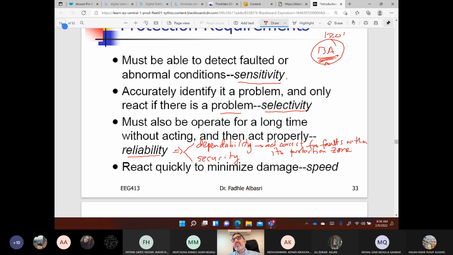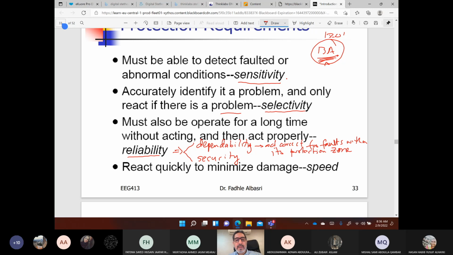Each protection function has dedicated zones or equipment that it has to protect. If it can detect any fault within that equipment and act correctly to clear that fault, this makes the relay or the protection function dependable, which makes it reliable.